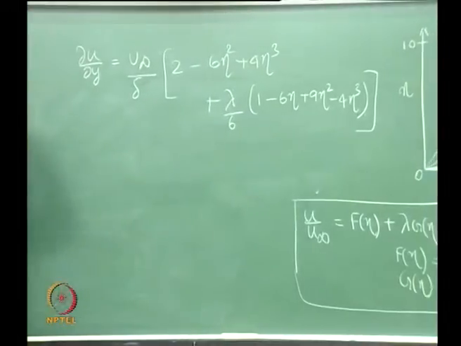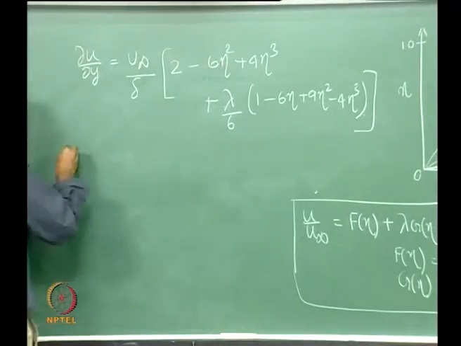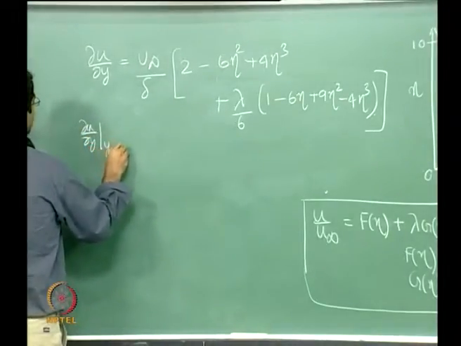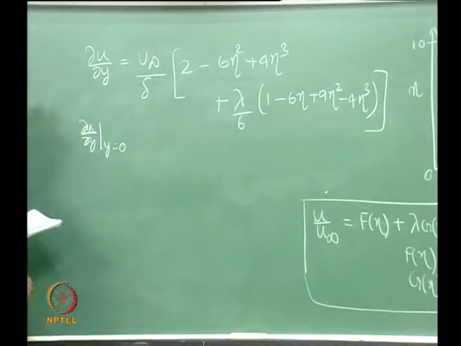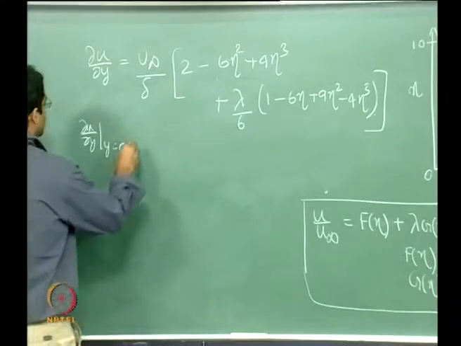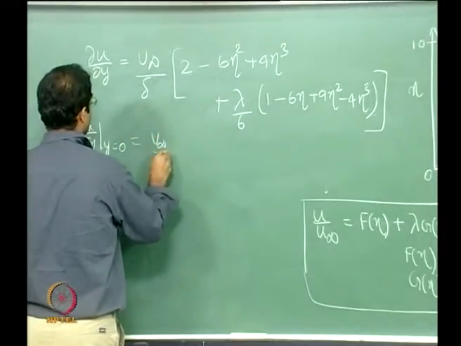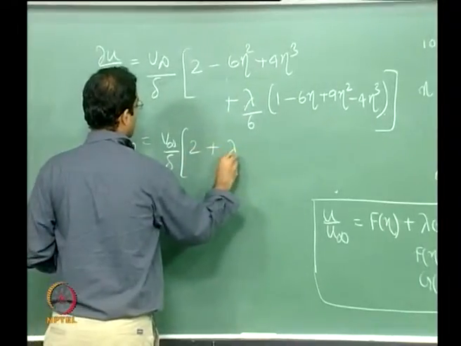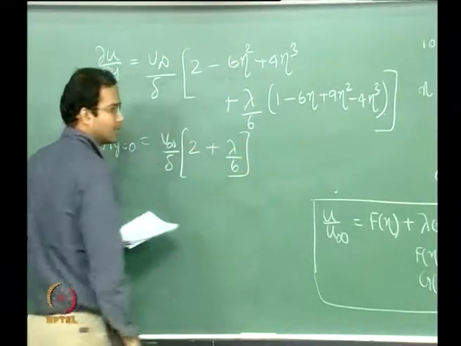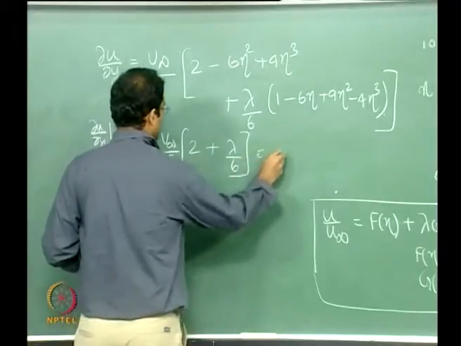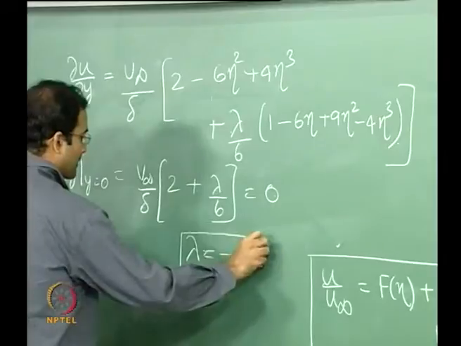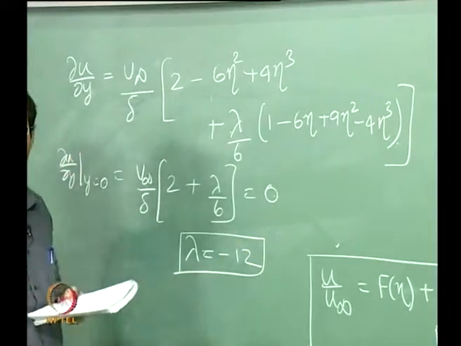Okay, so now du by dy at y equal to 0 is nothing but du by dy at eta equal to 0, which is u infinity by delta into, all these terms get knocked off, 2 plus lambda by 6. The condition for separation is that this should be 0, therefore lambda will be minus 12. This is why we are stopping there.